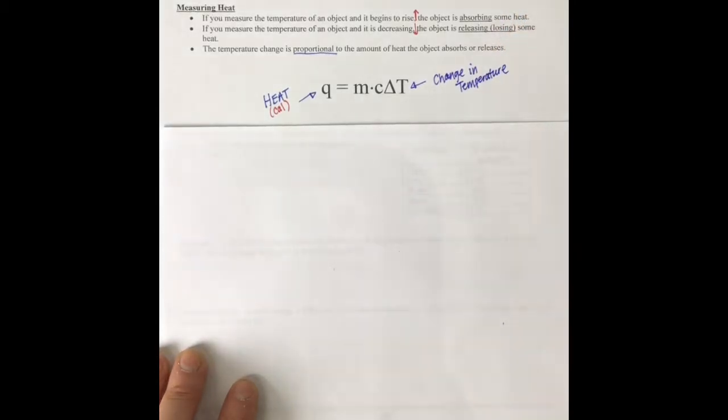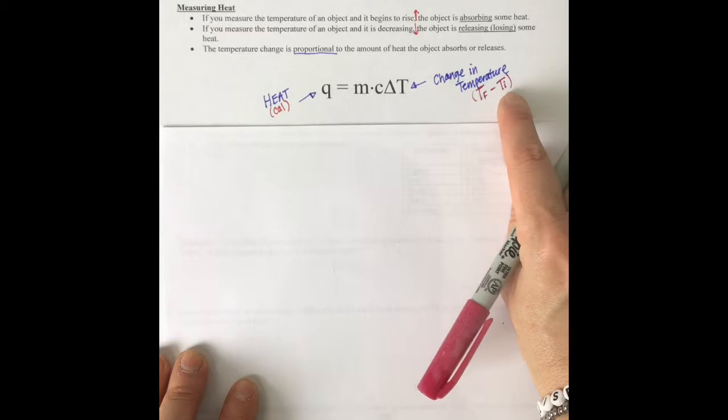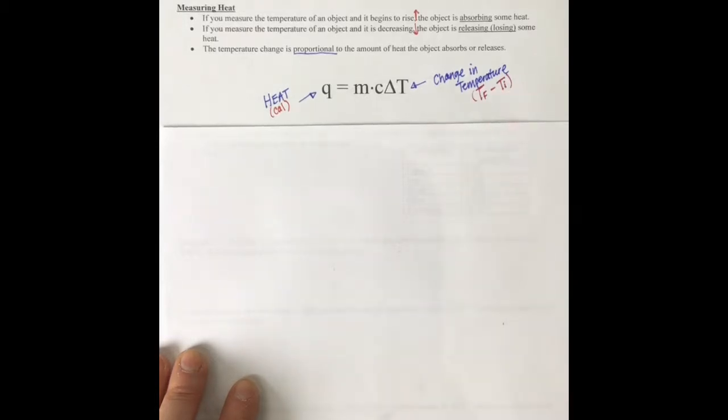And change in temperature would mean that you have your final temperature minus your initial temperature. The temperature it ends at minus the temperature it begins at. Final minus initial. And the units for temperature are going to be degrees Celsius.